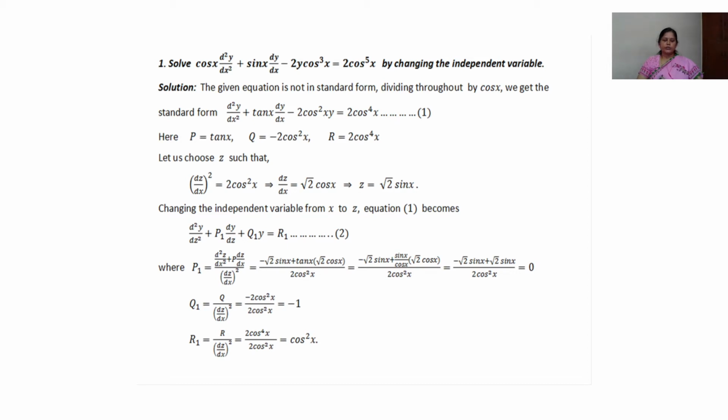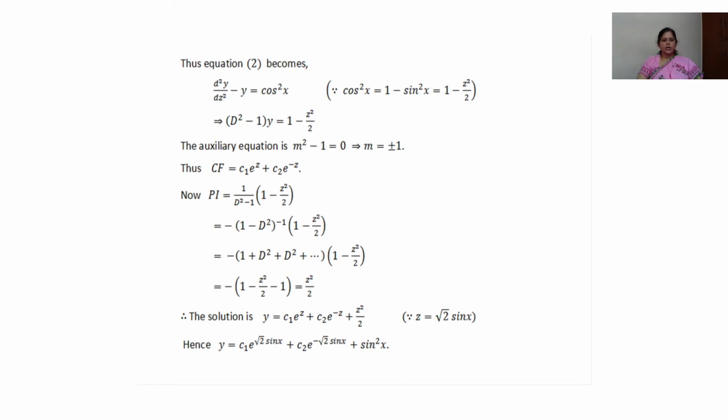Now we substitute these values in equation 2. Equation 2 becomes d²y/dz² minus y is equal to cos²x. On the right side we have cos²x in terms of x. That also we have to change to z terms.